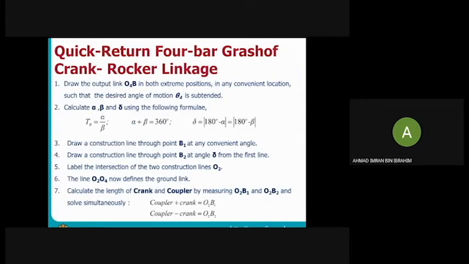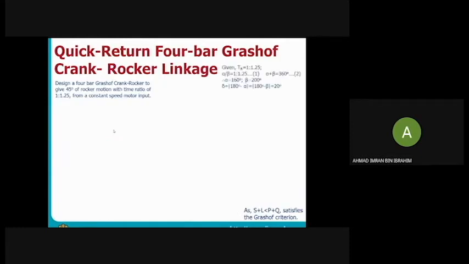The second equation: the time ratio is alpha over beta, which should be 1 over 1.25, and then alpha plus beta is 360. So you have two equations and two unknowns, then you can calculate alpha and beta. In this case, the alpha is 160 and beta is 200.